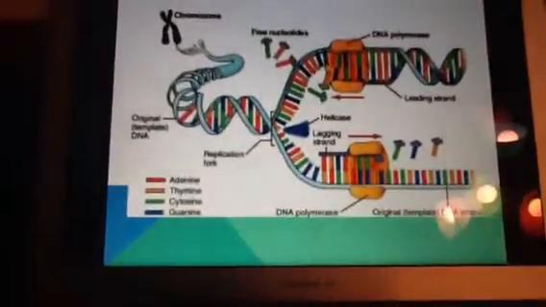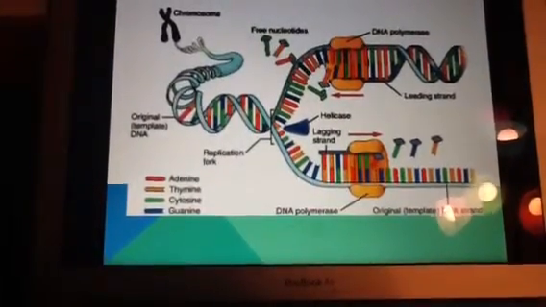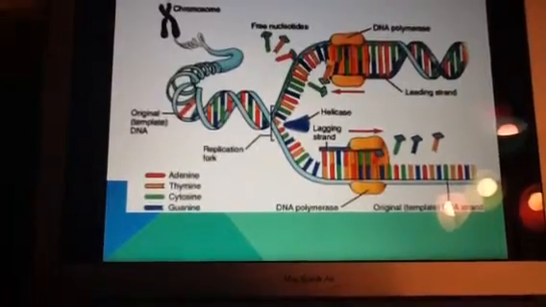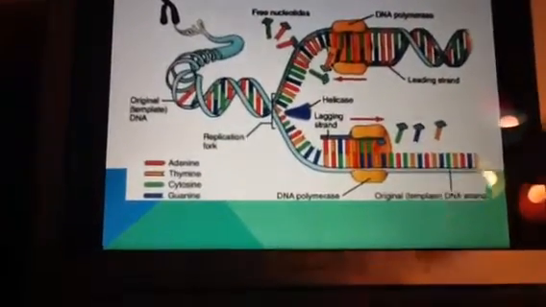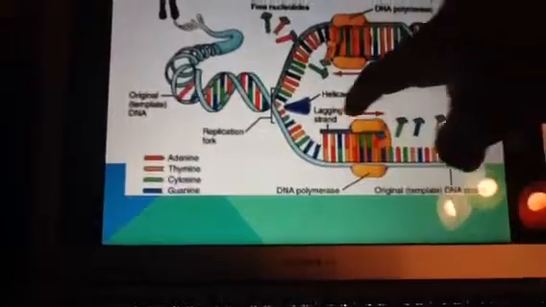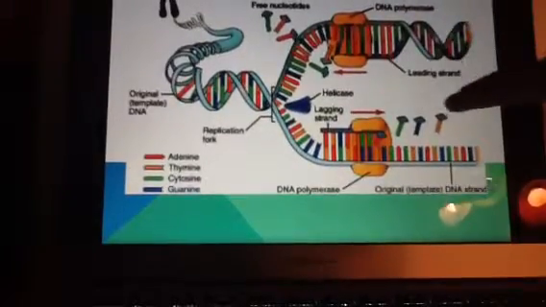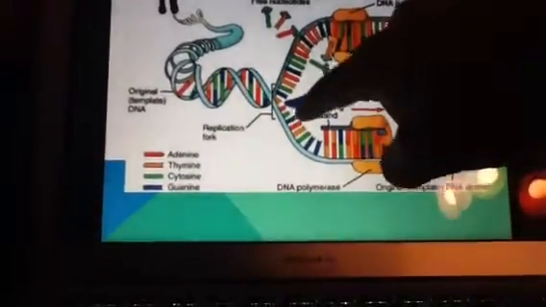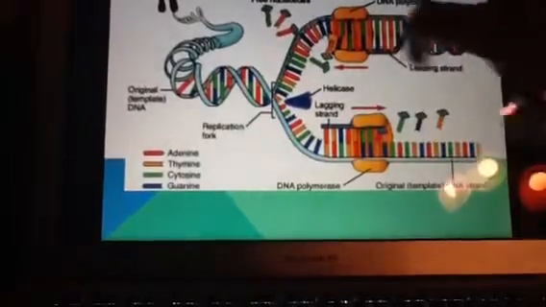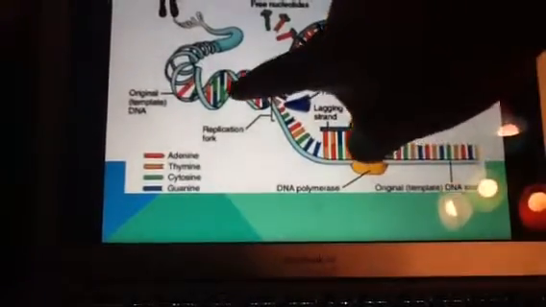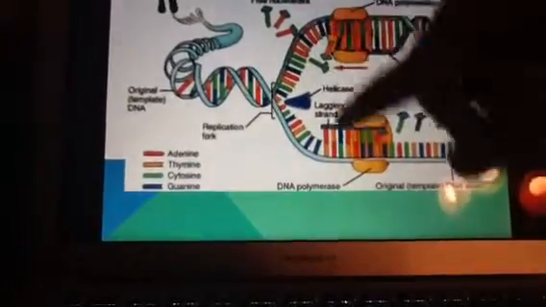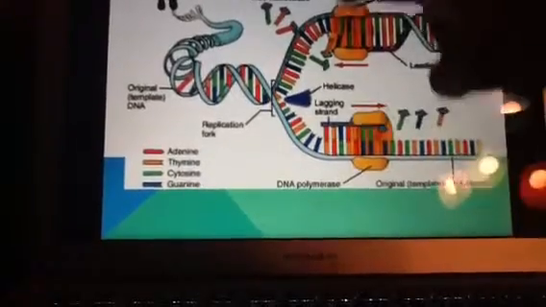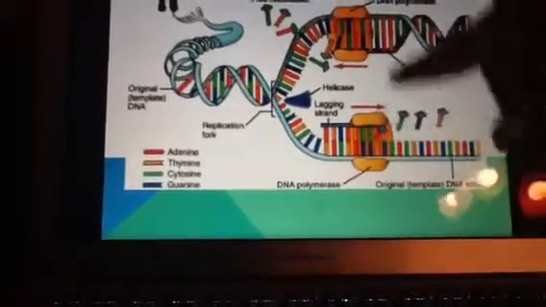Okay, so what happens in the replication process is that the DNA gets unzipped, like I said. So here, the helicase unzips it right here. So this is where it's at now because this has already been unzipped, and it will keep unzipping it so that each of the bases are separate from each other.